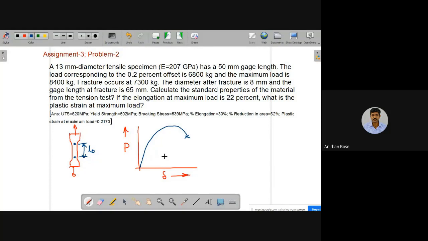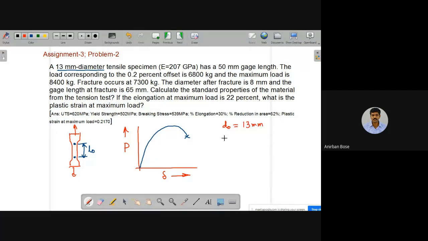Now let us see what different information is given. So first, it is given that 13 millimeter is the diameter. So list down the information first. The diameter, that means the initial diameter of the specimen, let us write that as D0, is 13 millimeter.